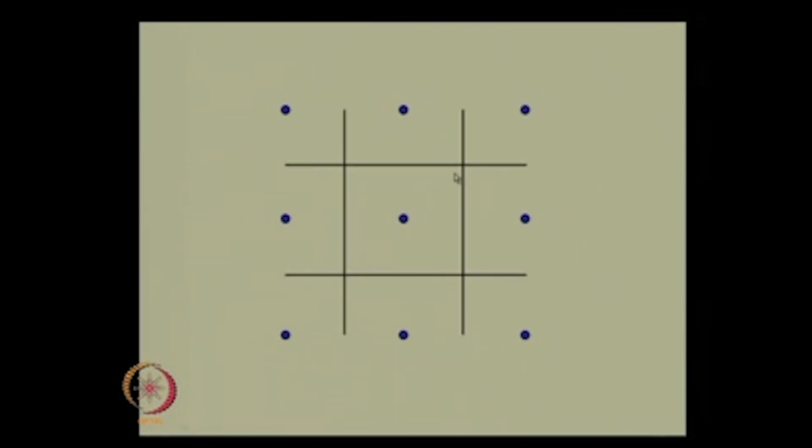We assume that the central point is the origin, and these are all the neighbors of that central point. Of course, this is a very large lattice, and we have simply taken a very small region of it. In principle we would have many more points on either side, extending in all directions.